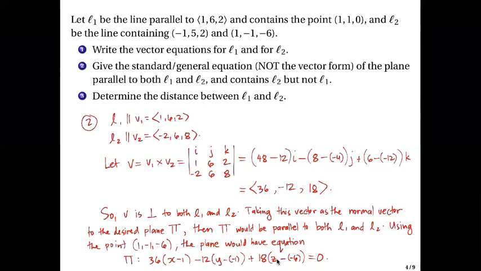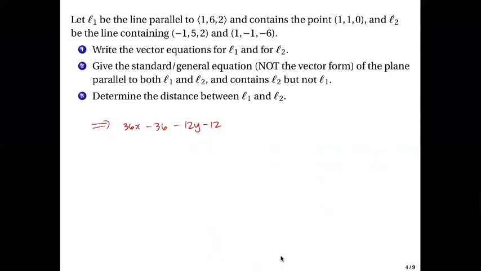And then in here you have z minus negative 6. So this becomes z plus 6. So you will get 18z, so plus 18z plus 18 times 6, and that's 108, equals 0.